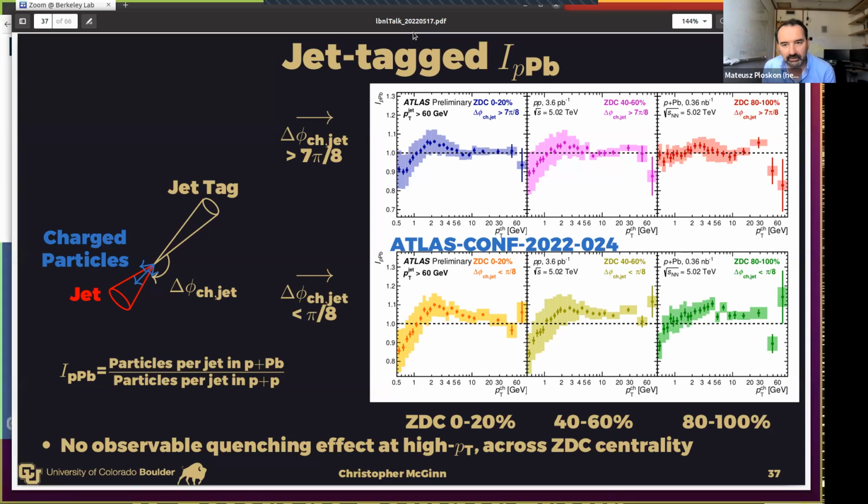On a side note, Shinyan is here, but I've heard theorists who claim that this energy shifting is not the real quantification. It's not a quantity that is in any way calculable. One can Monte Carlo it, but that's not really a well posed question as to how much energy a jet actually loses. But I set it aside, and I'm really interested in understanding what the shift is when you take the v2s, especially in p-lead collisions.